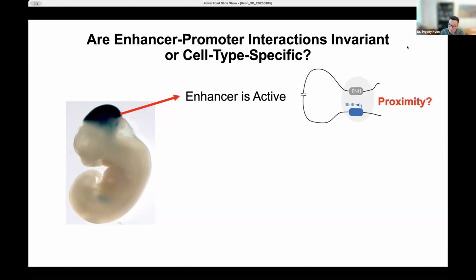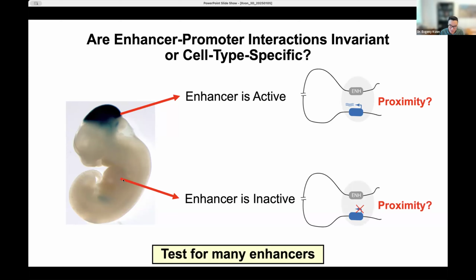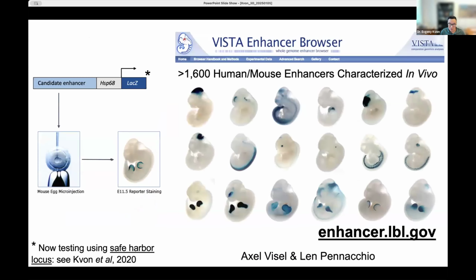When it's in the active state, does it loop to the promoter or not? And conversely, in other tissues where the enhancer is not active, is it also proximal to the promoter or not? And we want to test it for many enhancers that were experimentally validated.